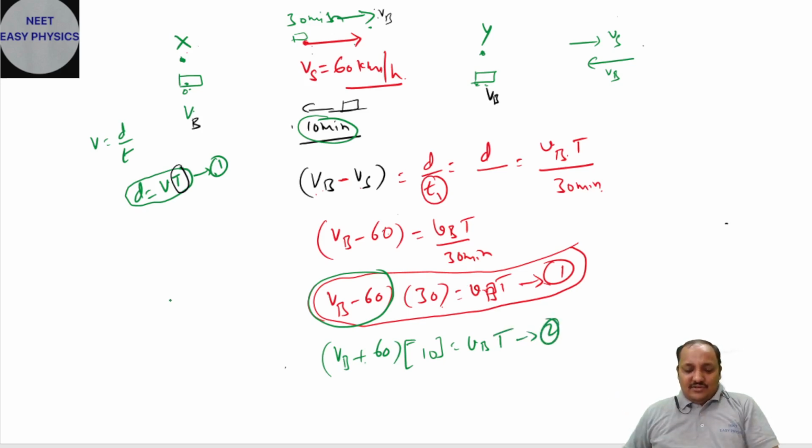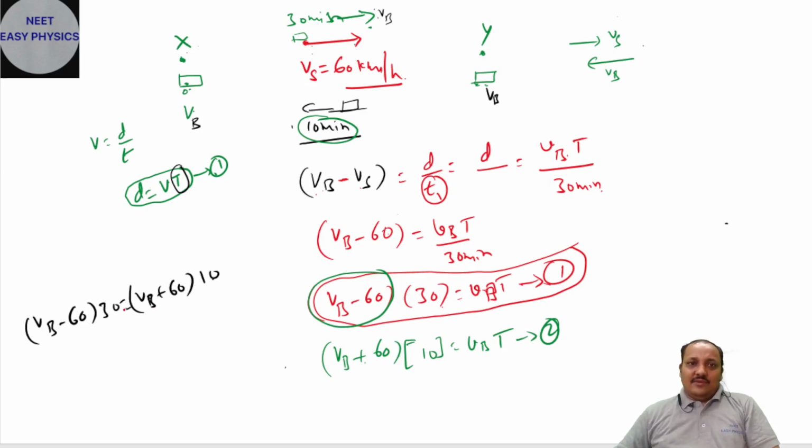Now equations 1 and 2 are both equal to VBT, so equate these two. VB minus 60 into 30 is equal to VB plus 60 into 10.